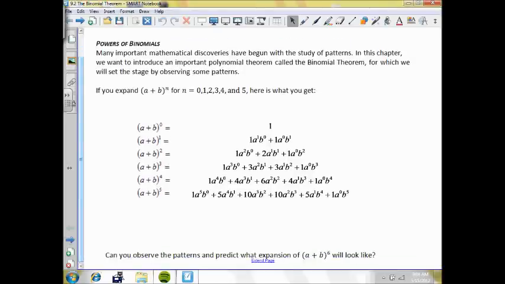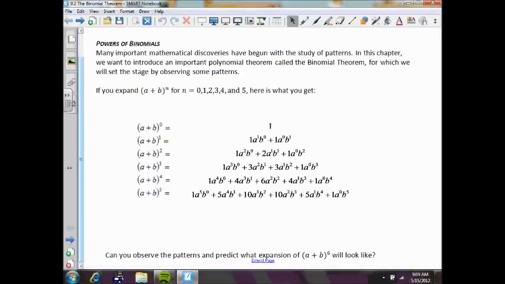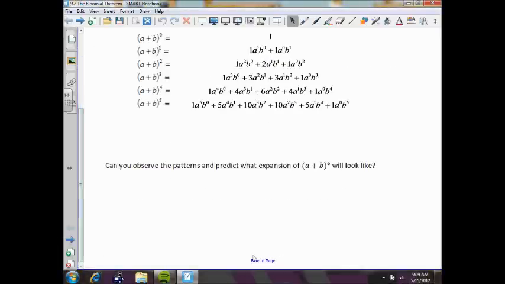Can you observe the patterns and predict what the expansion of a plus b to the sixth will look like? Well, a plus b to the sixth.